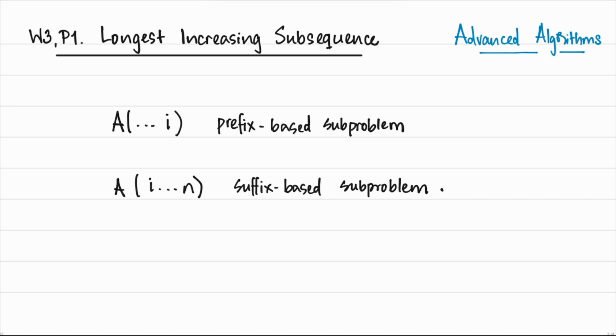And then, just like you would do in an inductive proof, you go from the base cases and try to build up your solution all the way till the end using your recursive relationship. Okay, so that's kind of the framework of a recursive approach to solving a problem.